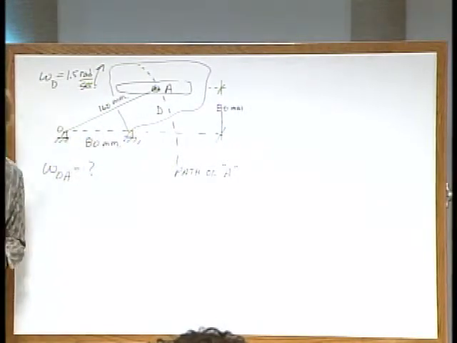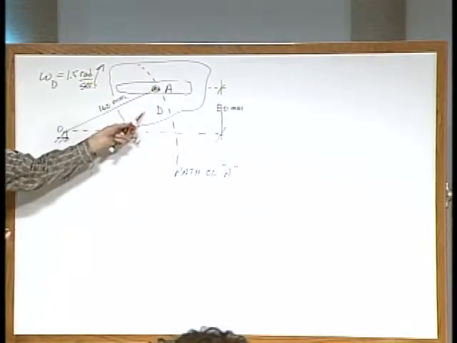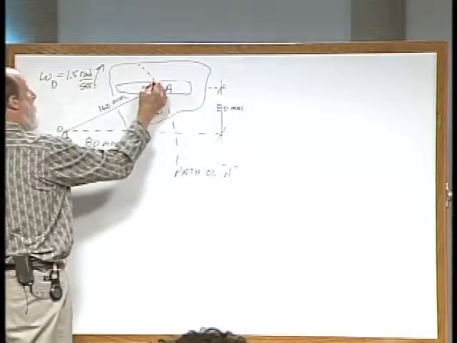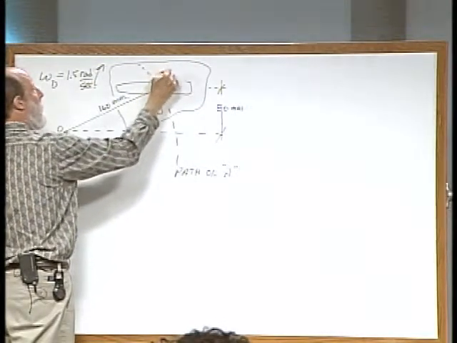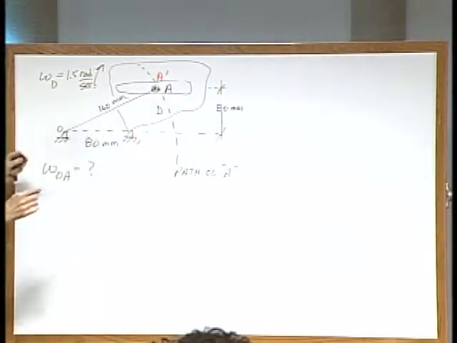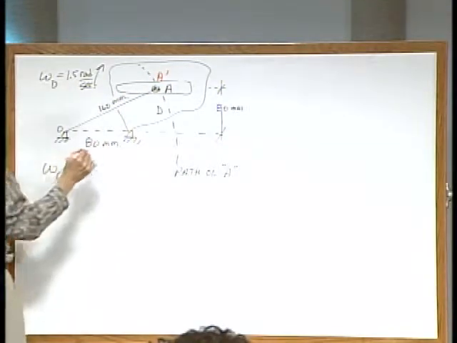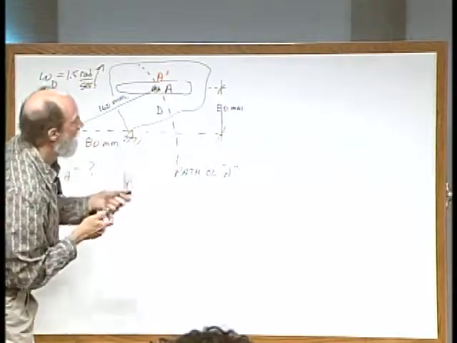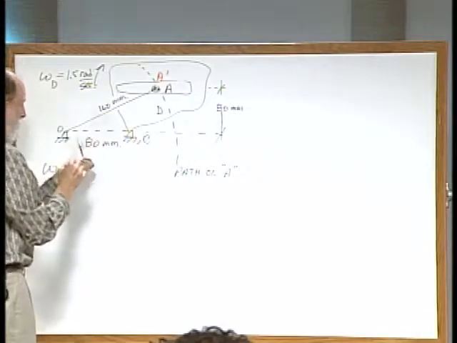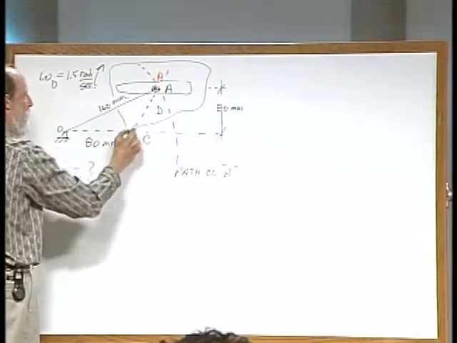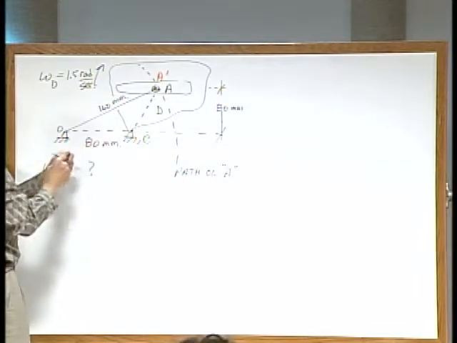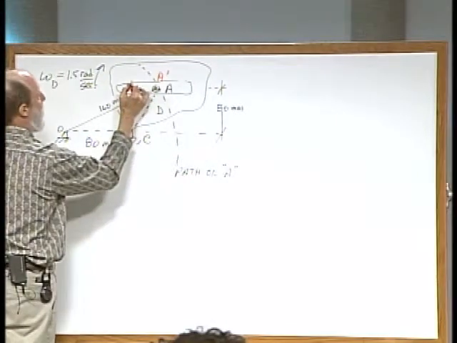It's hooked on to member D, right? So what's its path? Around point C, which I didn't label. So it's around this radial arm here. So the path of A prime is like this.